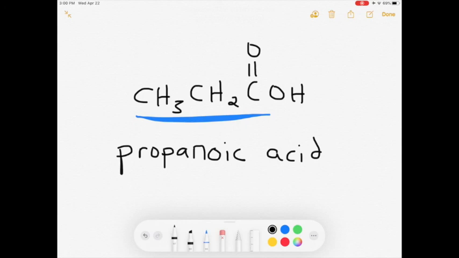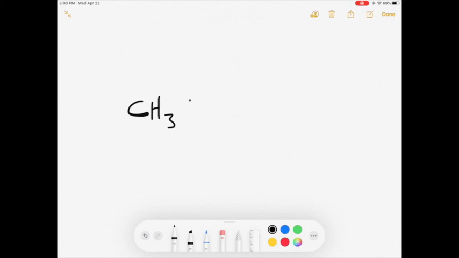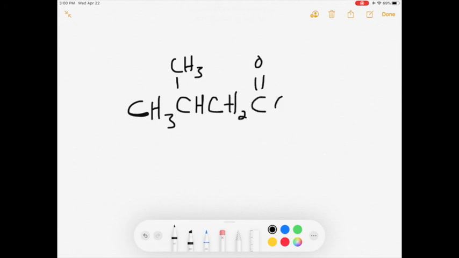Now, another example. We have this molecule. We always start numbering at the carbonyl carbon, so that has the highest priority. So we're going to start numbering right here: 1, 2, 3, 4. So we have 4 carbons, so we know that's butane.